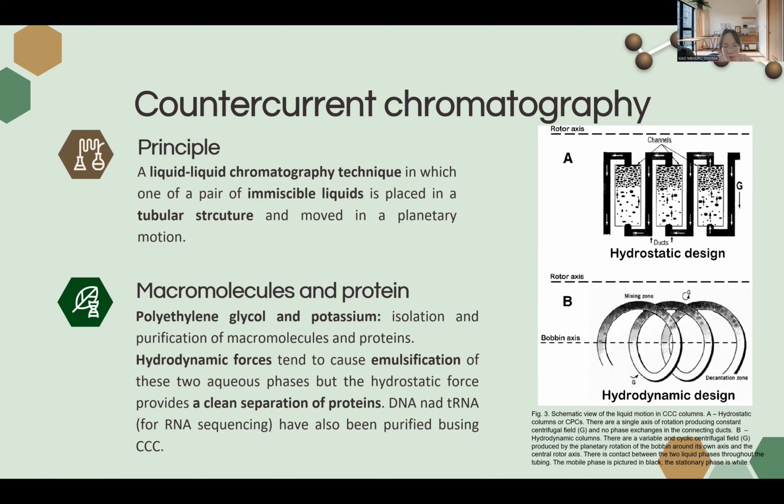They have a variable centrifugal field produced by the planetary rotation of the bobbin around its own axis and the central rotary axle. This is contact between the two liquid phases through the tubing. The mobile phase is pictured in black. The stationary phase is white.